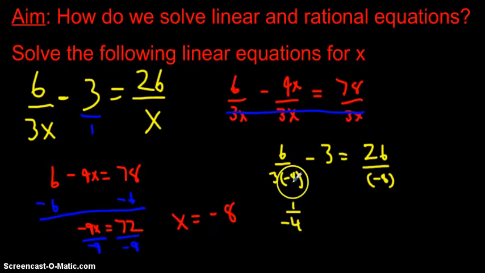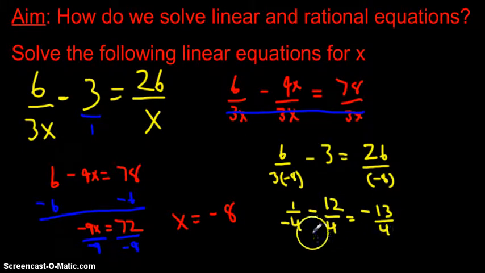It's 6 over negative 24, which is 1/4. Minus 12 fourths should be equal to negative 13 fourths. Combine these terms, we get negative 13 fourths is equal to negative 13 fourths.